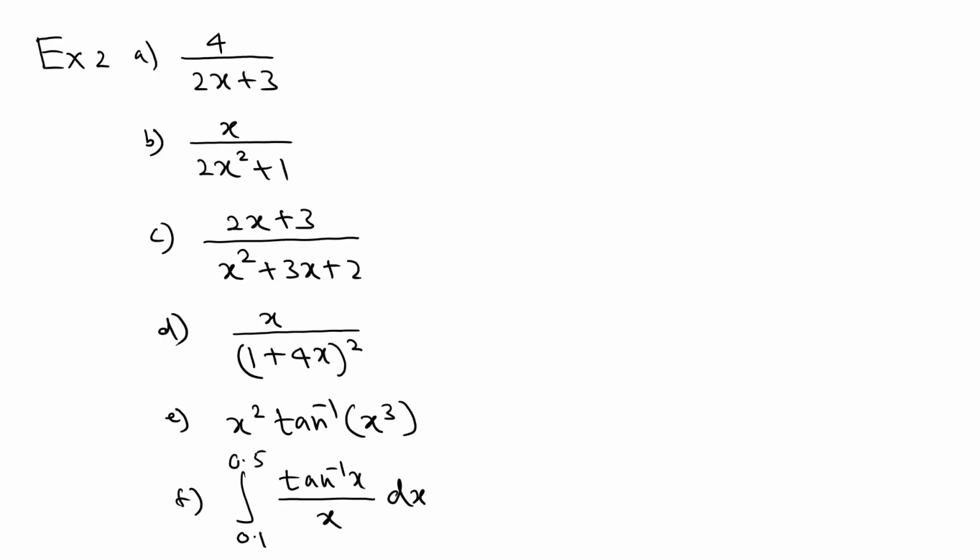So let's look at these practice problems. For the first one, you can see that there's no 1 there. That's a very important term that we need, and also the negative sign. So first thing we do is get the 1. To get the 1, we can pull 3 out, so you can say this is 1 plus 2x divided by 3.